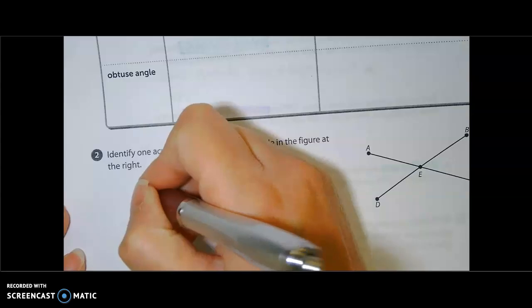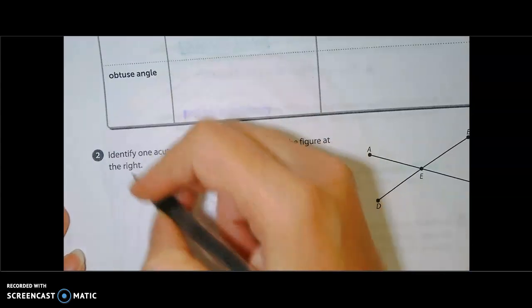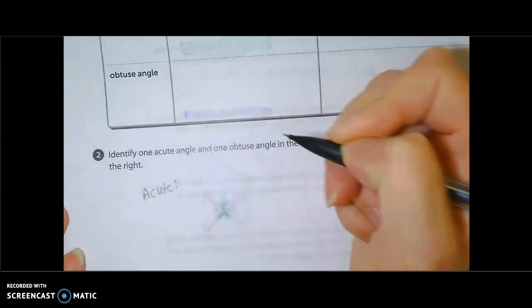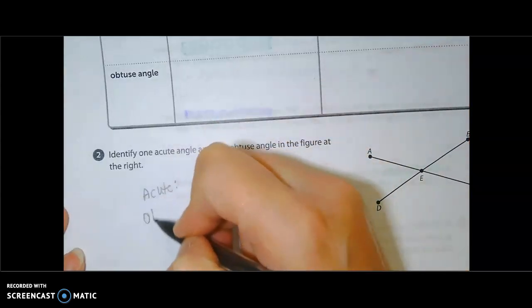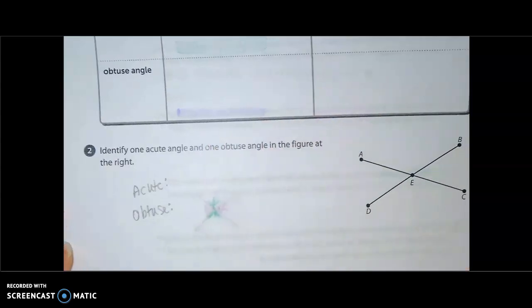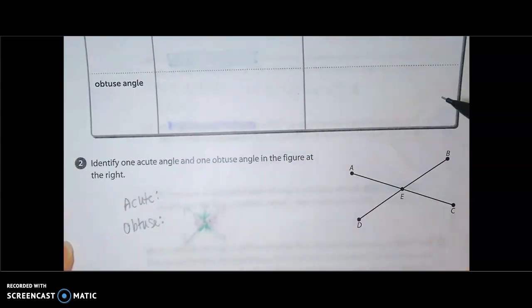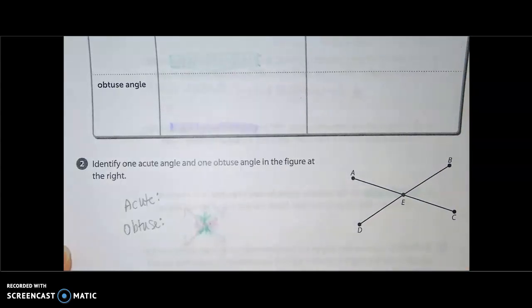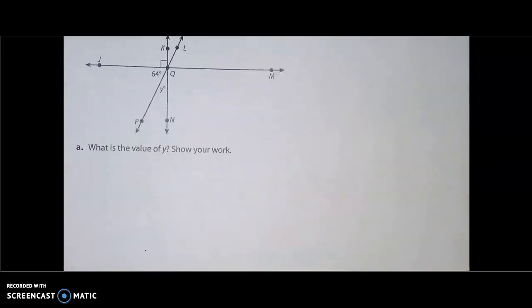I would say make sure that you write acute and what you're calling an acute angle, and obtuse and what you're calling the obtuse angle. Remember, vertex is in the center. So for this, your vertex should be E, and it should be the middle letter in any and all of yours.